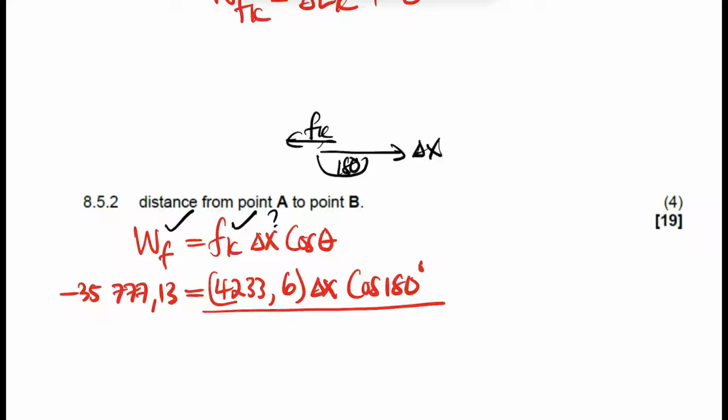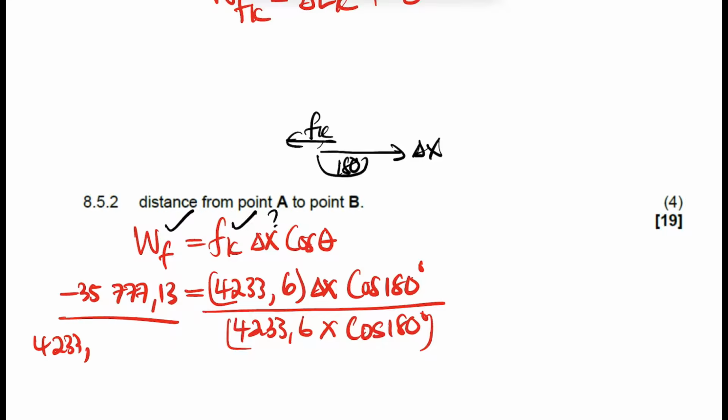So if we divide by 4,233,6 times cos 180, which is -1, on this side by that, this and this will cancel.